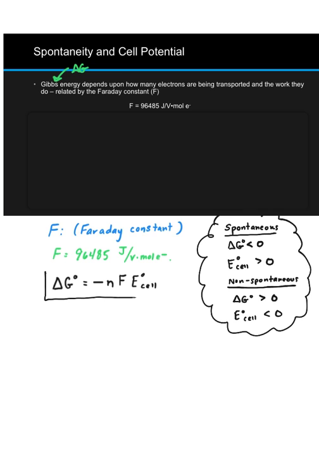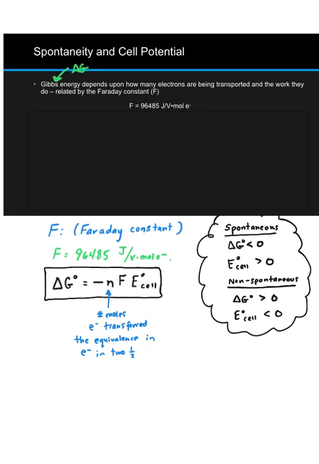The equation that links standard cell potential to thermodynamics is this one. Here we have Gibbs energy, delta G, under standard conditions, equal to negative N. This is the number of moles of electrons transferred. This is the simplest way to get an equivalent number of electrons produced in an oxidation half reaction as consumed in a reduction half reaction. It's the equivalence in electrons in two half reactions.